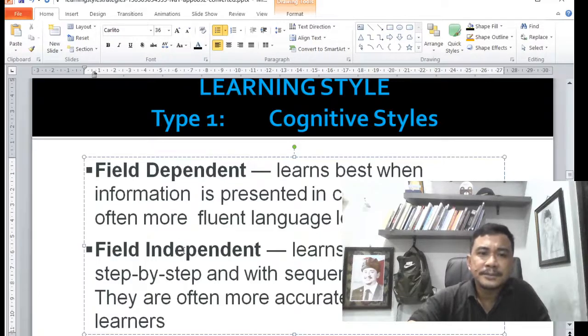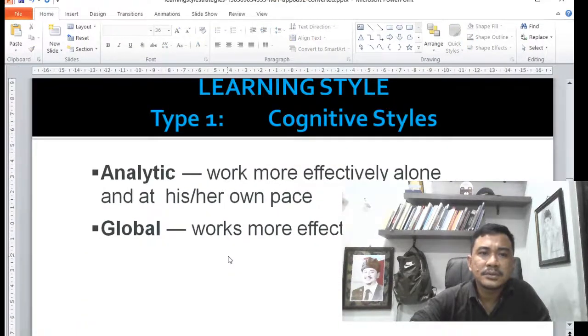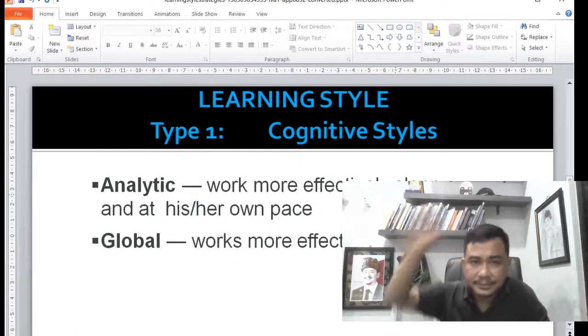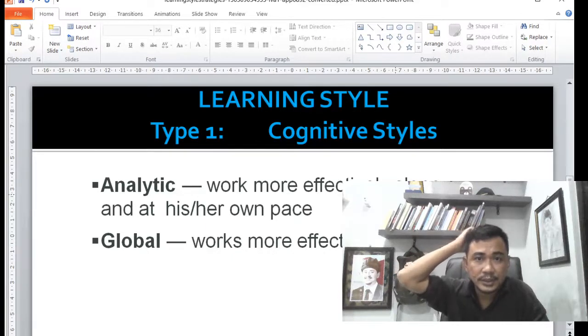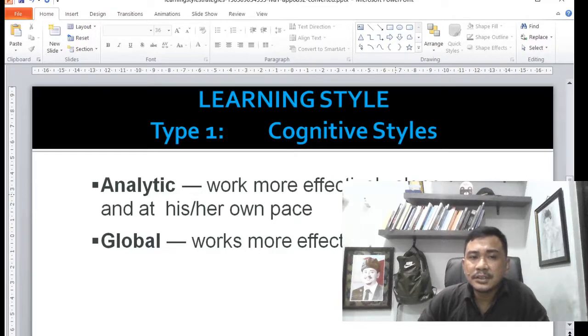Learning style type one, cognitive styles. The other subtypes: some of your students may be analytic, which means he or she can work more effectively alone or at his or her own pace.